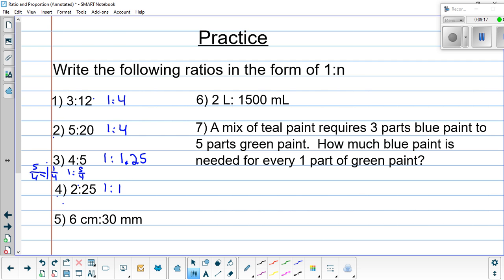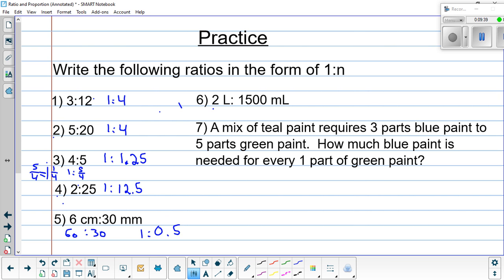Half of 25 is 12.5. This one, let's get it all in terms of millimeters, so that's 60 to 30. And we divide both sides by 60, so we're going to get 1 to 0.5.